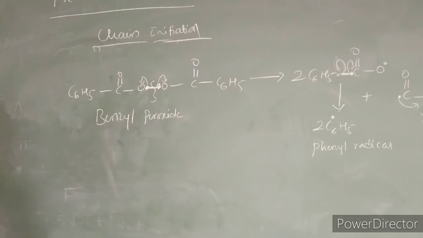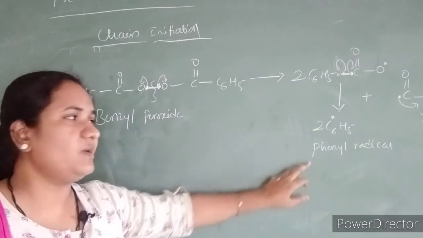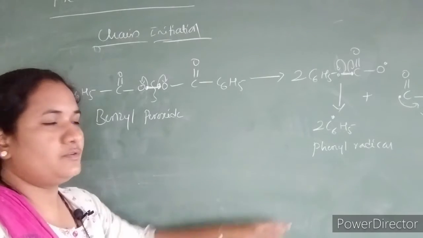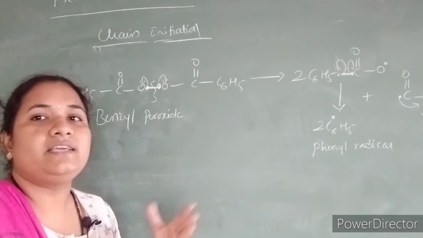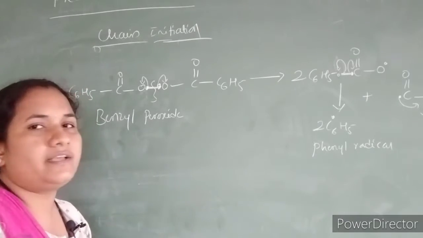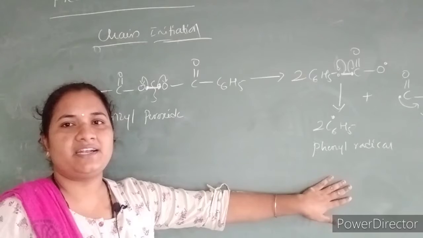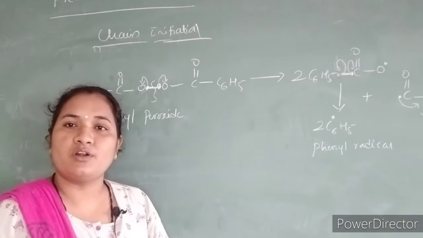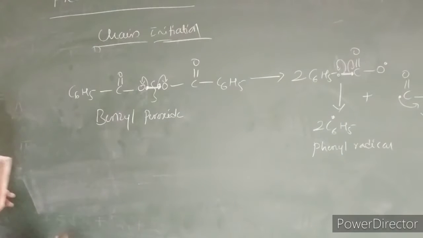If I take the second step, this is the chain initiation. During this chain initiation, initially a free radical is formed. The phenyl radical formed now should react with the ethene moiety. If I take the example of the formation of polyethylene, then this phenyl radical will interact with the double bond present in the ethene molecule, which leads to the formation of the first product.